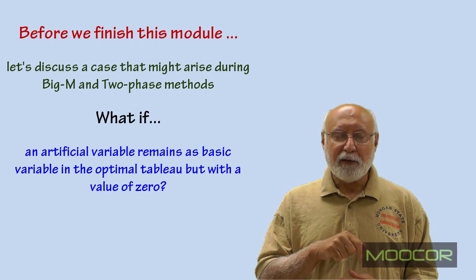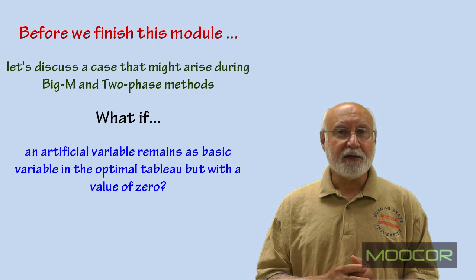There is one additional important point to make about the two-phase. At the end of phase 1, we are dropping the artificial variables that are not in the basis. Obviously, if at the end of phase 1 an artificial variable is in the basis with a positive value, that problem is infeasible. What if an artificial variable is in the basis but it has a value of 0?